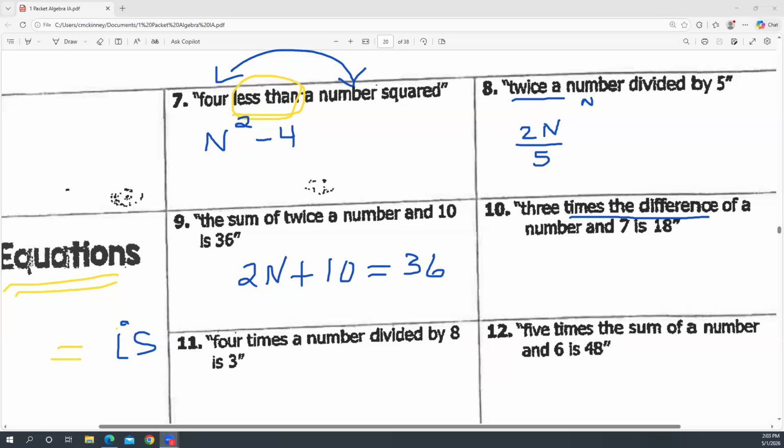So we want to multiply 3 times something, but it's not just one number, it's the difference of something. So 3, and then inside here, we're going to be writing something that's the difference. So we know it will have a subtract sign, a minus in the middle, a number and 7. So a number and 7 are the 2 things that we're subtracting in that order. And then is, so equals 18.